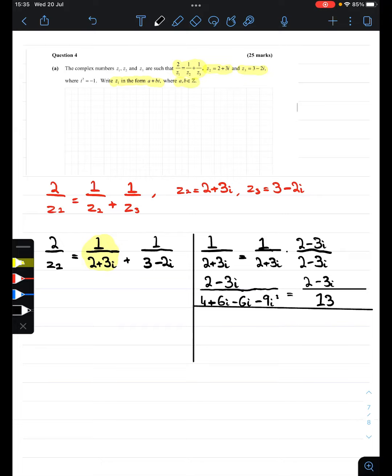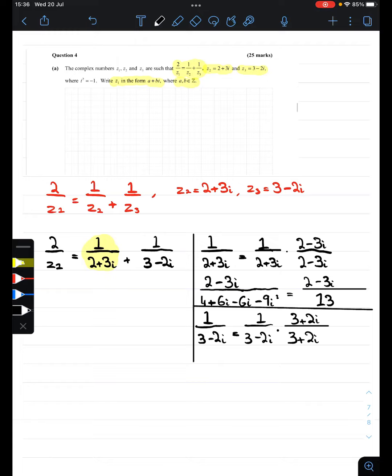And now let's try and get an expression for 1 over z3. So 1 over 3 minus 2i equals, same thing, 1 over 3 minus 2i by, remember, conjugate over the conjugate, so 3 plus 2i over 3 plus 2i.